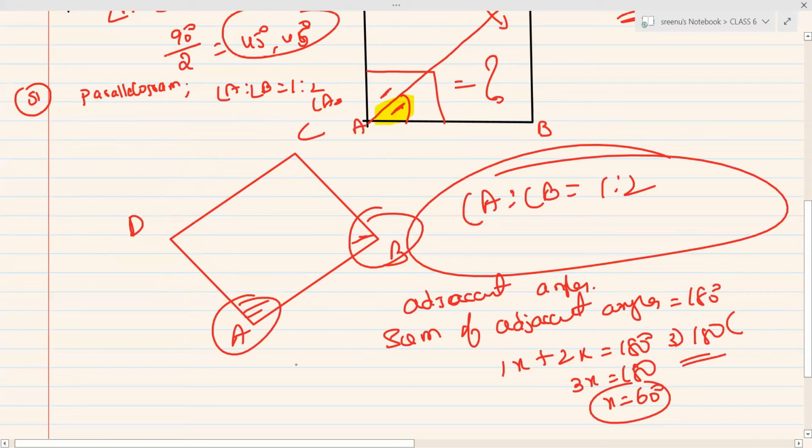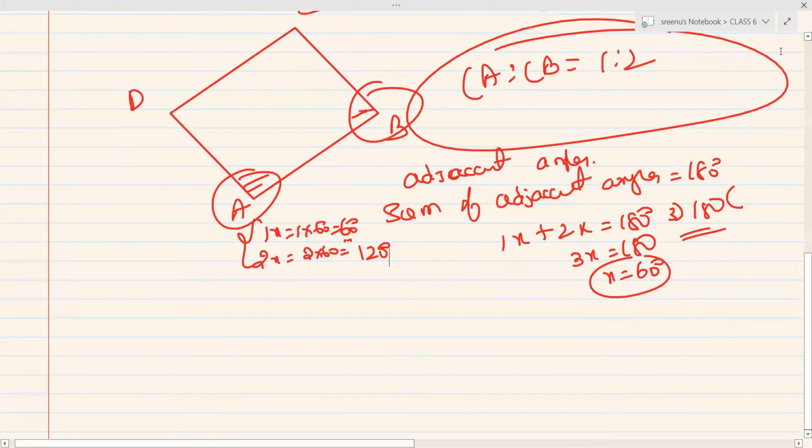Okay. Next, 1x is equal to 1 into 60 is 60 degrees. 2x is equal to 2 into 60 is equal to 120 degrees. So that angle A is equal to 60, angle B is equal to 120 degrees. Right? Next. Next question.